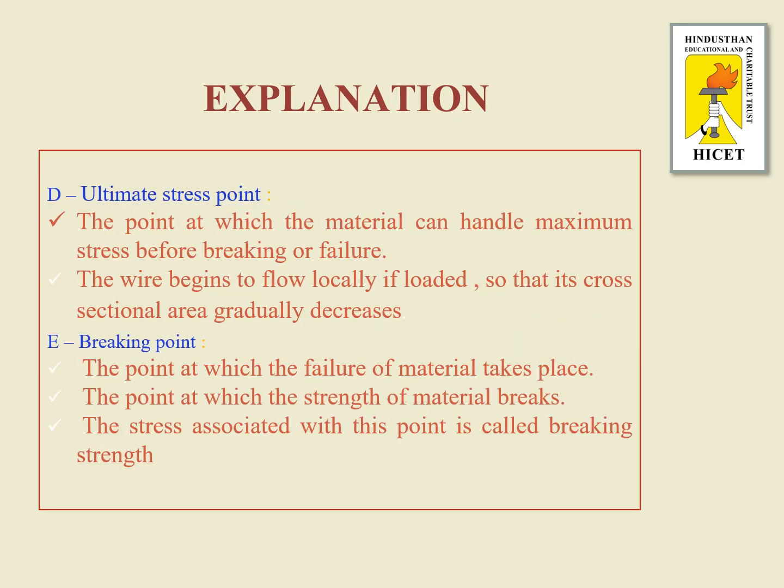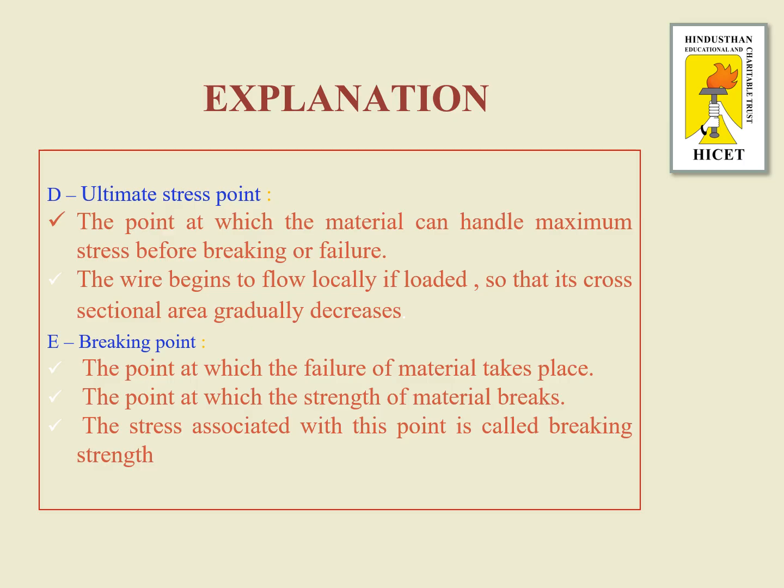Point D is called the ultimate stress point. That is the point at which the material can handle maximum stress before breaking or failure. The wire begins to flow locally if loaded so that its cross-sectional area gradually decreases. Then the point E is called the breaking point.